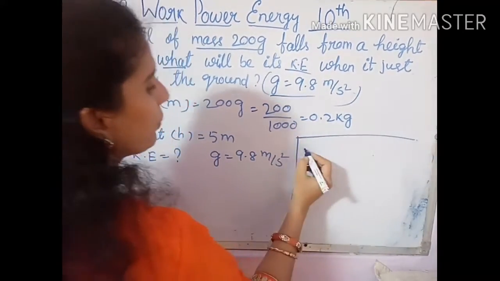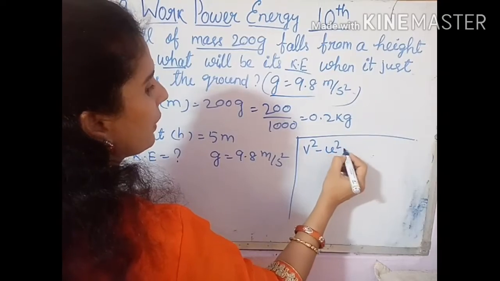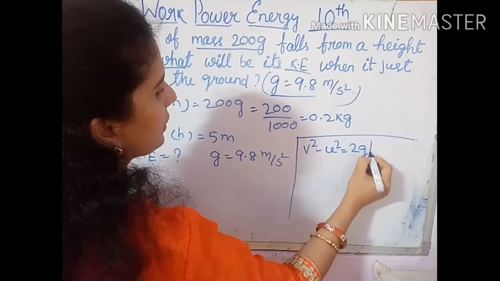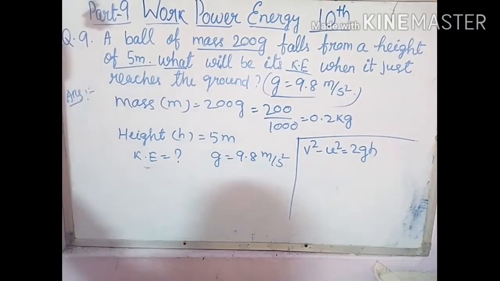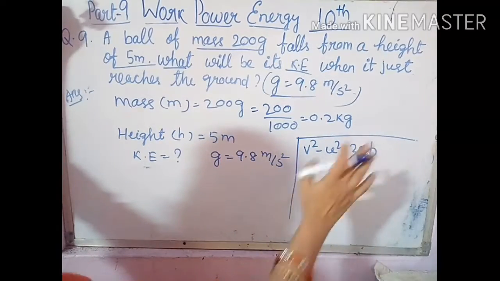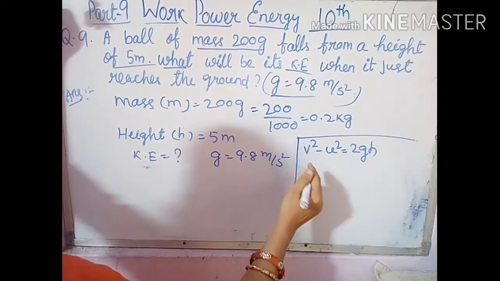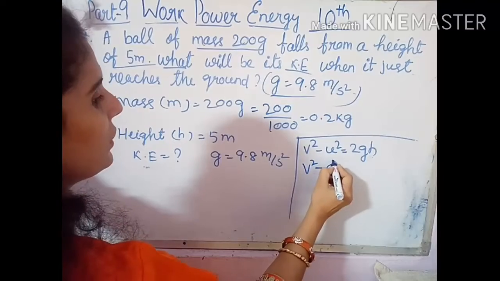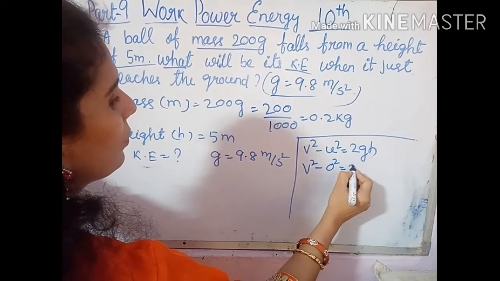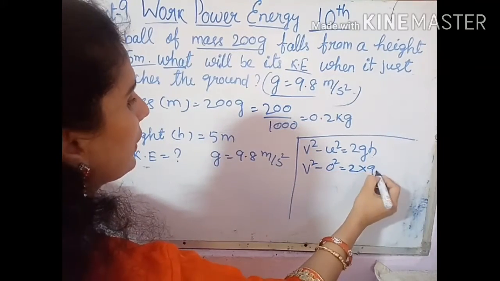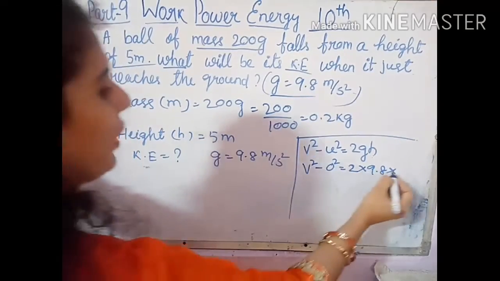As you know, many times I have told, v square minus u square equals 2gh, because it is under gravity. So 2as or 2gh, everything is the same. Now you have to calculate v square. It is 0. Now 2 into g means 9.8 and h means 5.